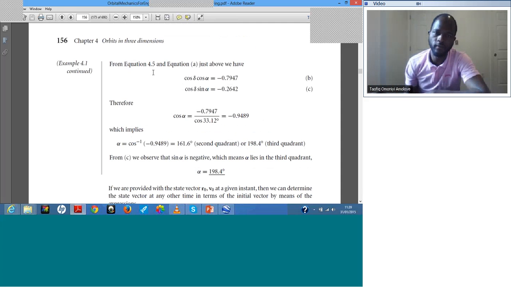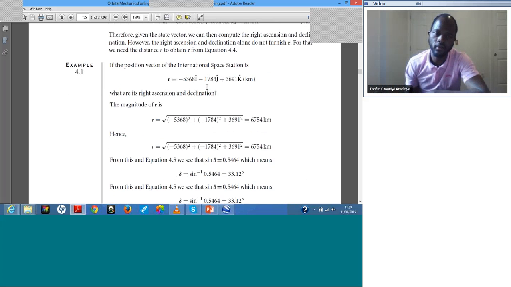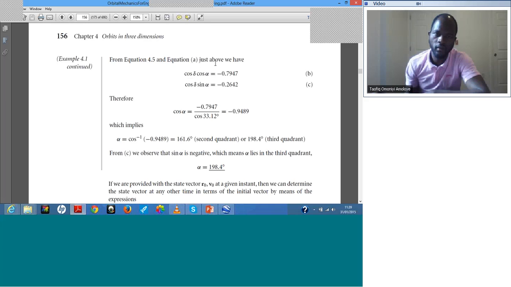So from equation 4.5, we were able to get that cos delta. We've already calculated delta, so we know what cos delta is. And then cos delta cos alpha will be equal to that from equation 4.5. So that cos alpha is equal to this, with a negative sign.